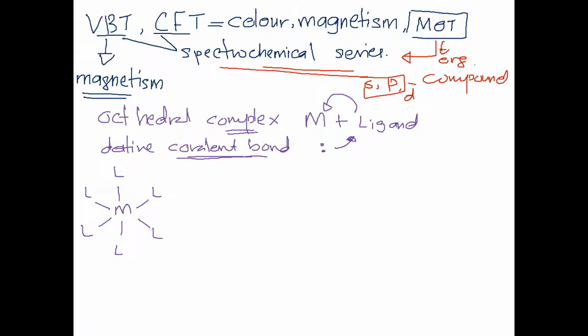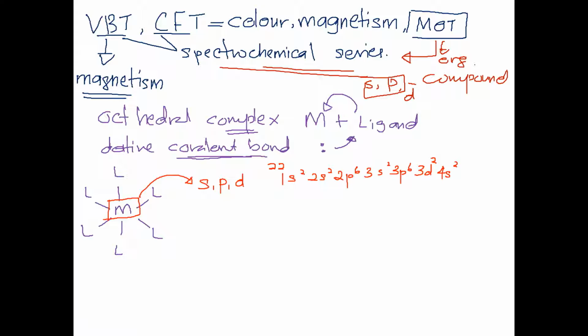The orbitals for the M here: the M will have s, p and d orbitals. For example, if you have a metal with atomic number 22, the electronic configuration will be 1s2, 2s2, 2p6, 3s2, 3p6, 4s2, 3d2.